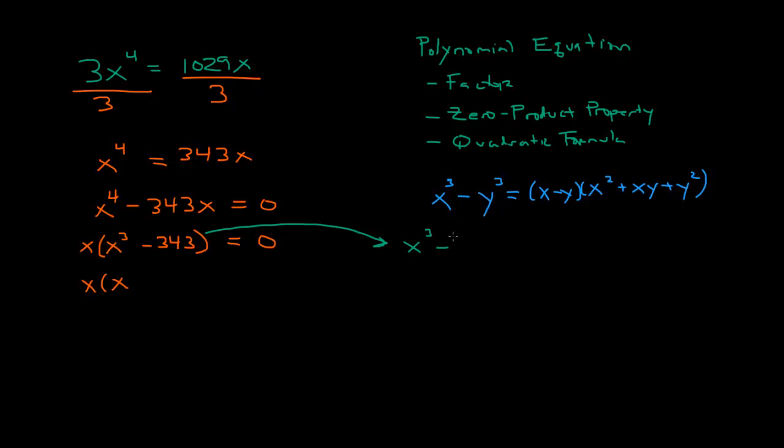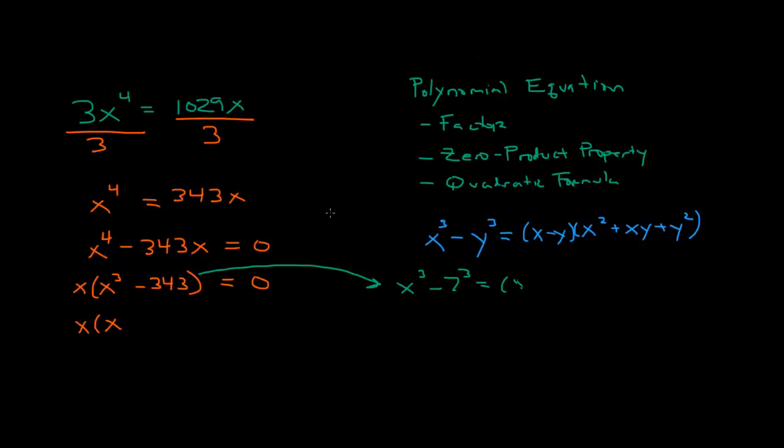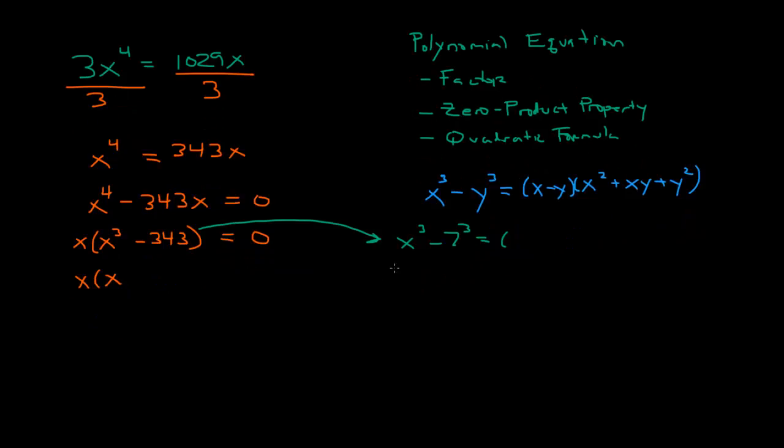So we can write this as x minus 7 times x squared plus 7x plus 49. Okay? And that's just something you need to have memorized. It's the difference of two cubes.